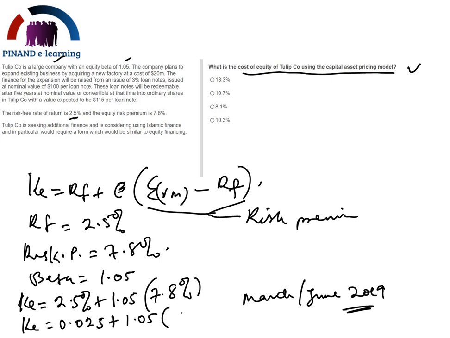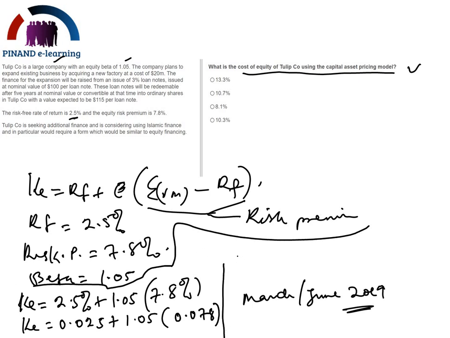so that will be 0.078. I think we can do that very fast now. Let me just demarcate here. Okay, so KE therefore will be equal to 10.69%.